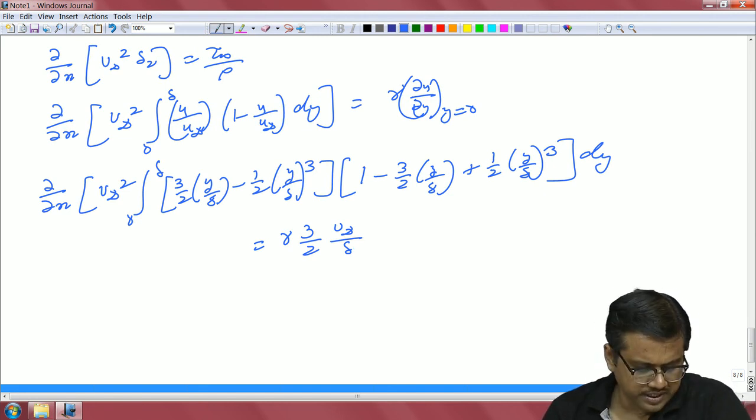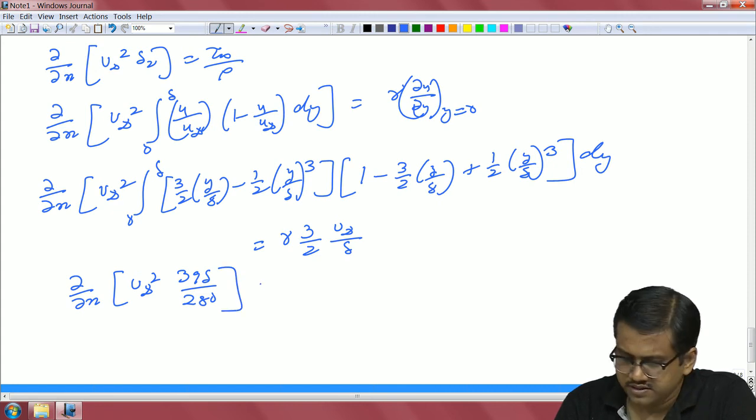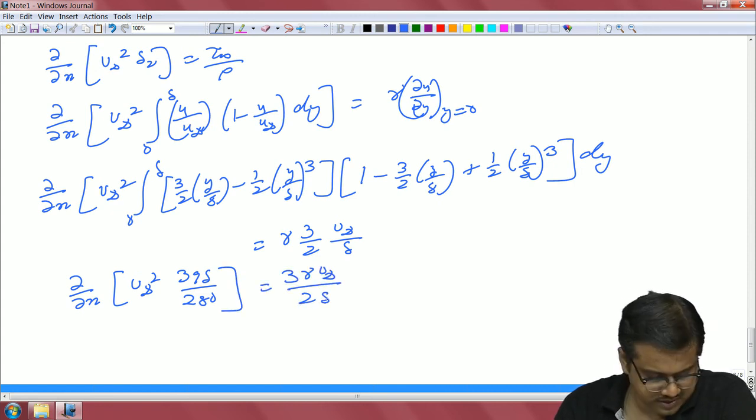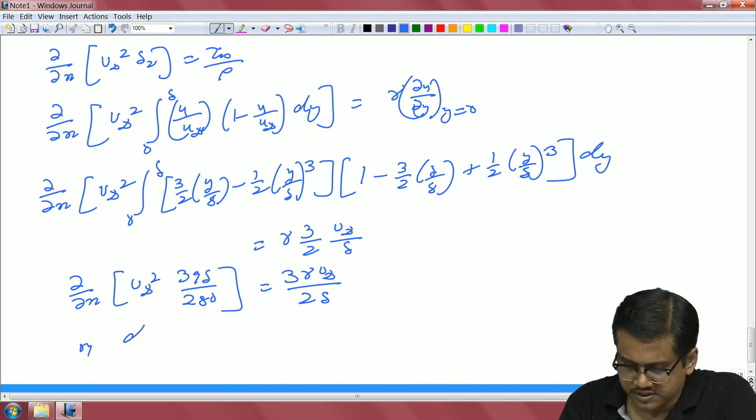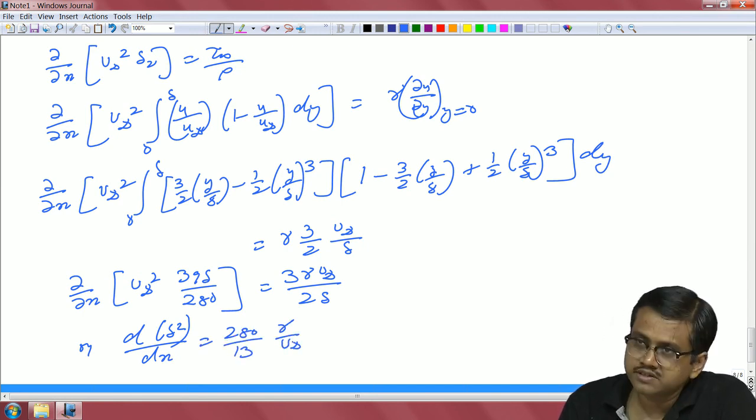Now it becomes du/dx, u infinity square times 39 delta by 280 is equal to 3 gamma u infinity by 2 delta, or d delta square by dx equal to 280 by 13 gamma by u infinity.